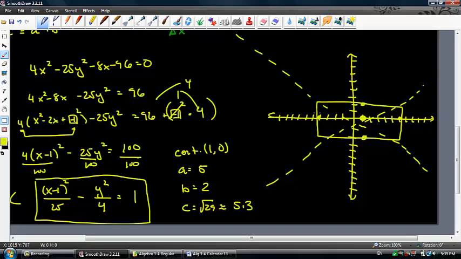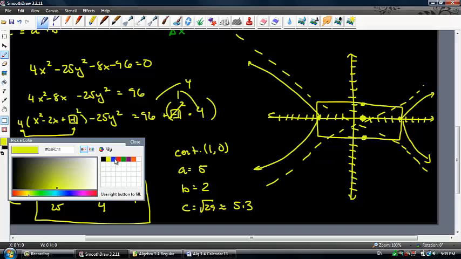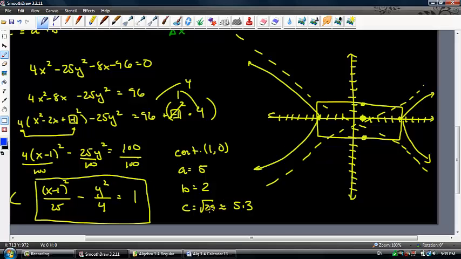Remember, it's a side-to-side hyperbola, so it's going to do this. I realize it's not exactly proportional, but that is a lack of drawing ability. My focal distance is 5.3, so that is 1, 2, 3, 4, 5, and then a little bit more.